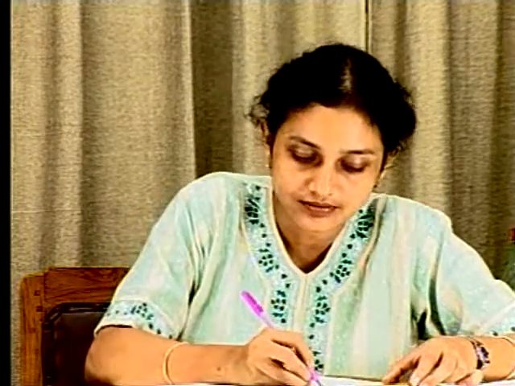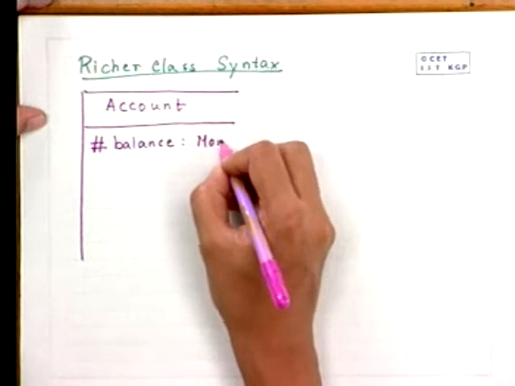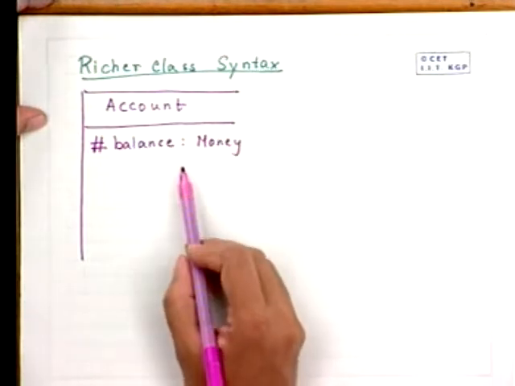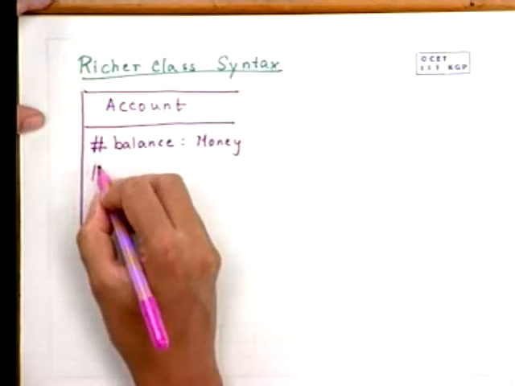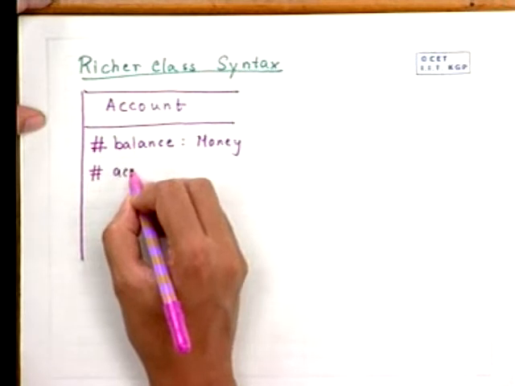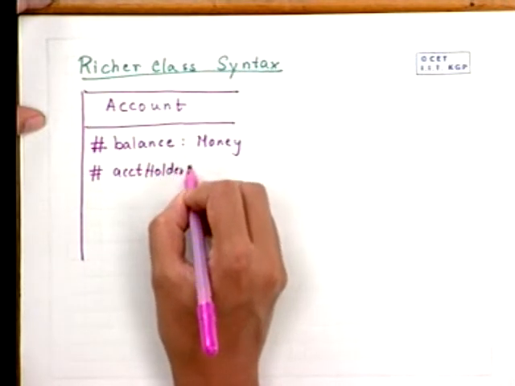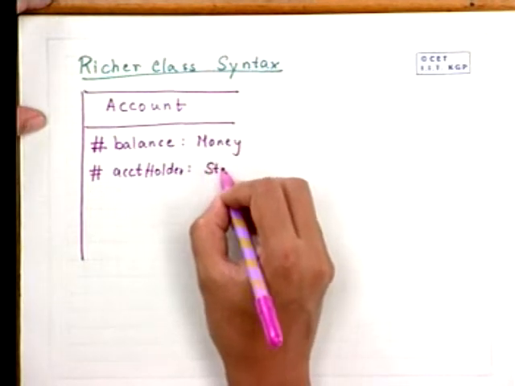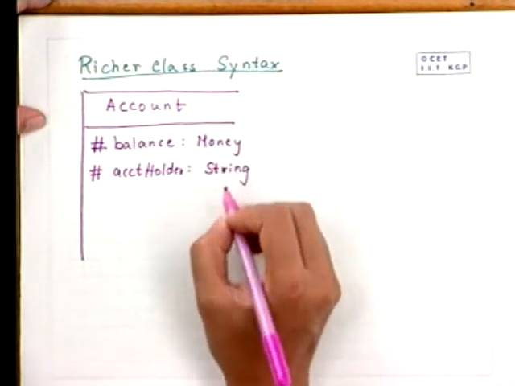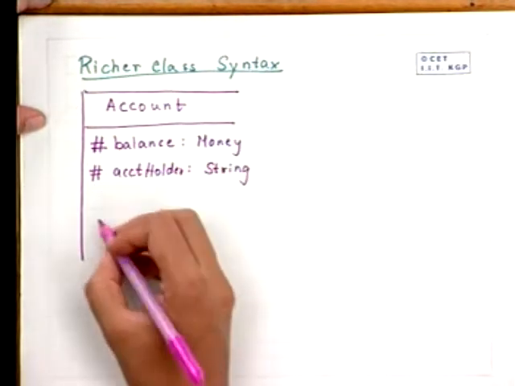This hash sign before balance indicates that balance is a protected attribute. And when we write colon money, it means that balance is of type money. Similarly, we write that the attribute account holder is of type string and it is a protected attribute.